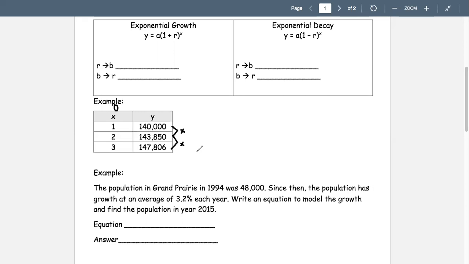If I'm trying to go forward and figure out what it's multiplying by, I would have to work backwards and divide. I can divide any of these terms to see what it's multiplying by each time.